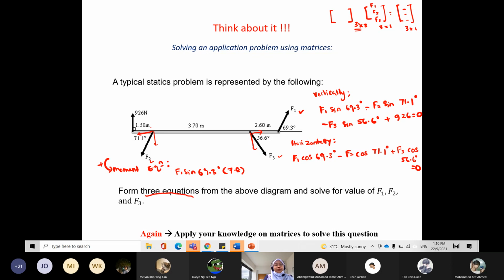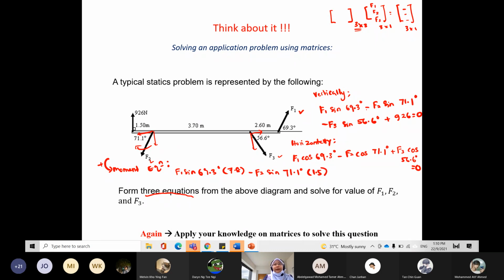And then F2 vertically, so this one is supposed to be minus F2 sine 71.1 degrees multiplied by 1.5, correct or not?